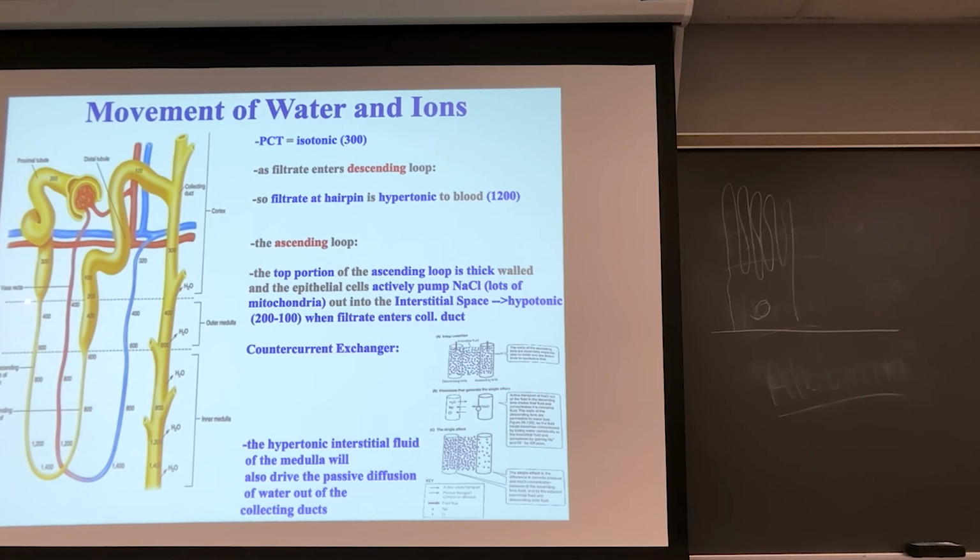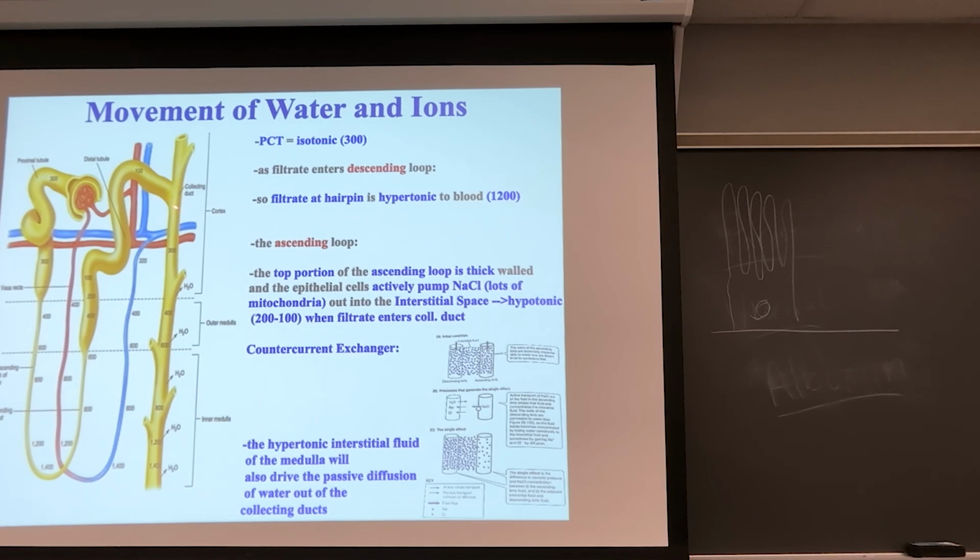So the whole job of the loop is to remove, well, there are two major jobs of the loop. To concentrate the solute, or the filtrate, right? To concentrate the filtrate, and to add sodium chloride to the medulla. By doing that, by making the medulla very hypertonic, I can then tweak how much water will actually end up in the urine, because notice, as my ascending limb comes up and passes back into the cortex, it will then empty into a collecting duct, right?